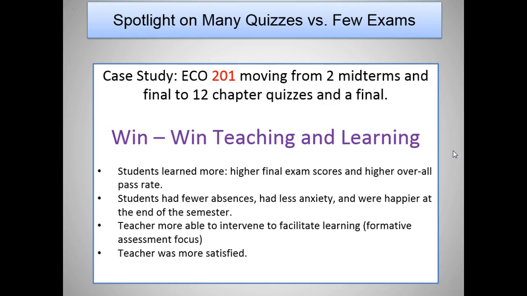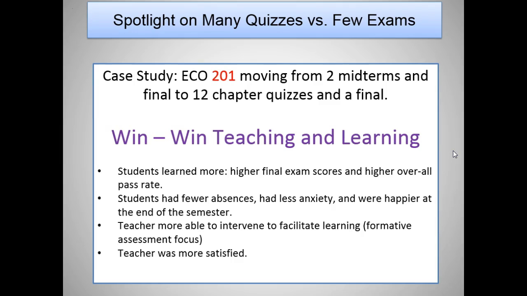She knew that if students weren't coming to class, they probably weren't going to do as well on those assessments. Well, more assessments gave students more reasons to come to class, and the way she talked about the exams or the quizzes gave students more incentive to come to class. They came to class more often. They had less anxiety. In surveys, they said they had less anxiety. They were happier during and at the end of the semester, as evidenced by evaluations and surveys.